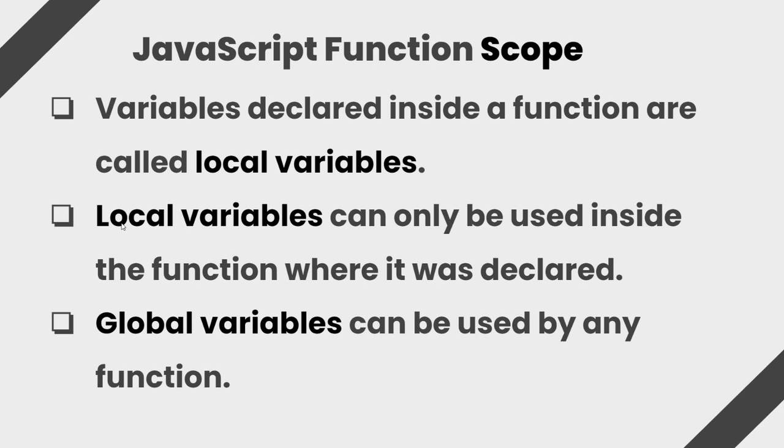So for the sake of understanding, I'll just go over it again. I said variables in JavaScript are actually of two types: global variable, local variable. Now, a local variable is a variable that has been declared within a particular block.